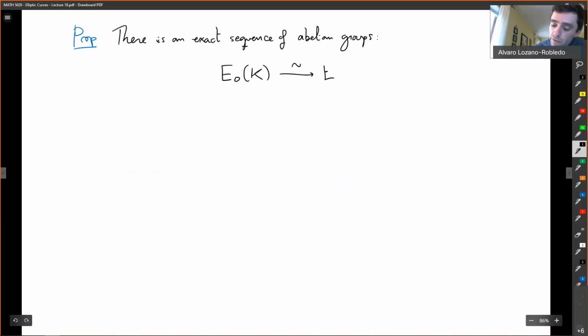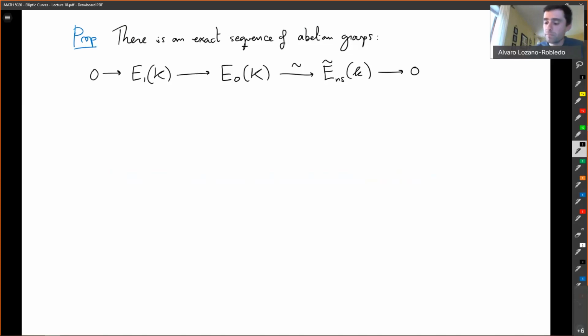We land on the non-singular points, and it turns out that this map is surjective and a group homomorphism. And on the other hand, E1 of K is the kernel of that map. Okay, so let's prove this.